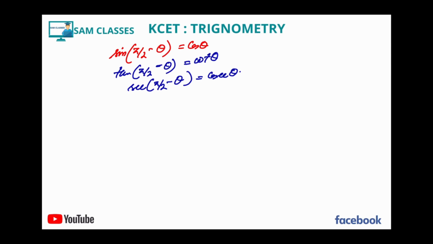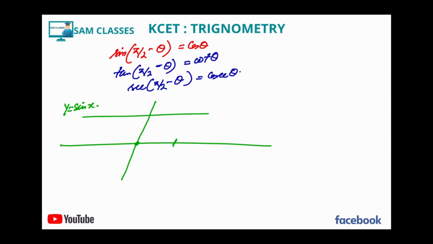So first, let's see how to draw the graph of sin x. So y is equal to sin x. We should know basic middle values. First, sin 0 is what? It's 0. Sin 90 is the maximum value, that is 1. Now next, at sin 180 degree, we have again 0. So we know this much.